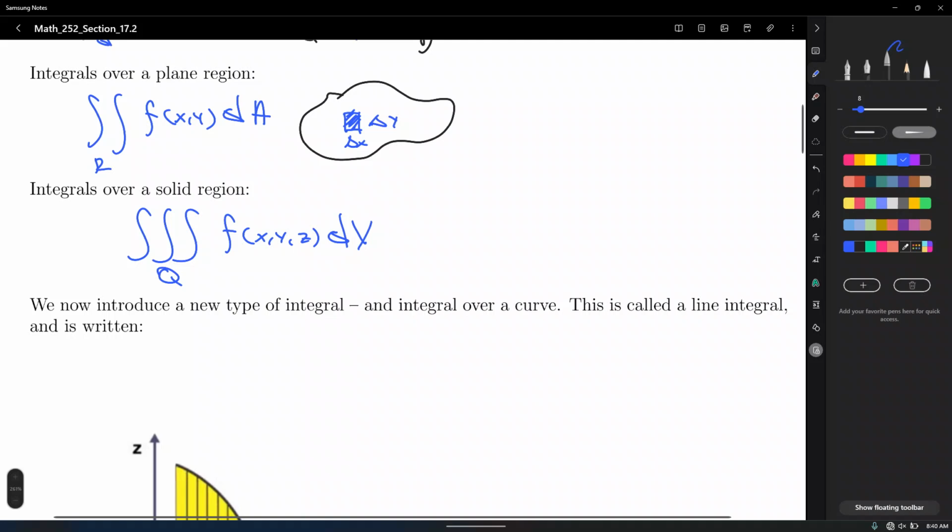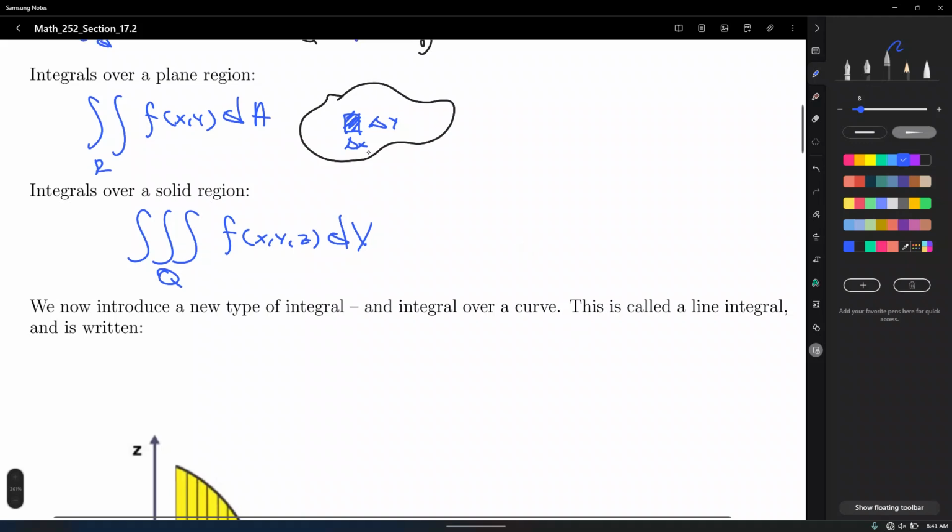Well, in this case, rather than partitioning an interval with infinitely many lengths, delta x, or rather than partitioning a plane region with infinitely many of these square partitions, delta x by delta y, this time we partition a solid into infinitely many of these rectangular boxes.